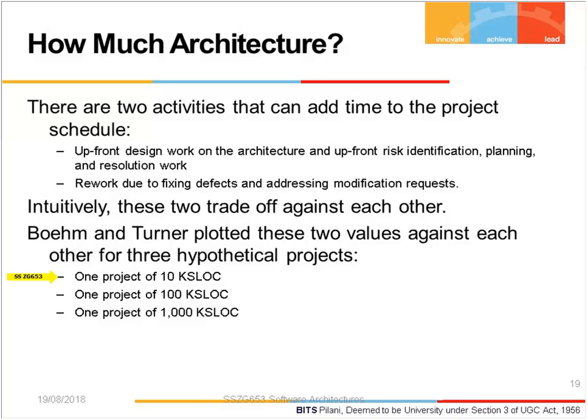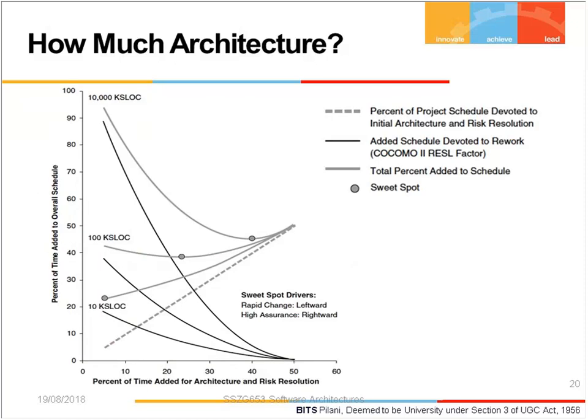So 10 kilo source lines of code would be a small project. 100 kilo source lines and 1,000 kilo source lines would be very big projects. So based on these various project sizes, there's a nice graph that's been drawn up here. This is for the 10,000, this is for the 100,000, and this is for the 10,000 source lines of code.